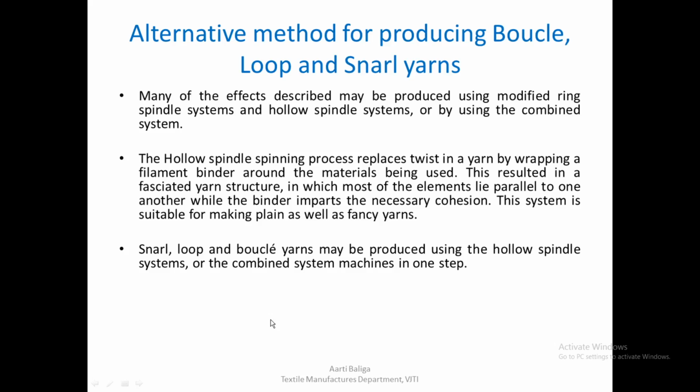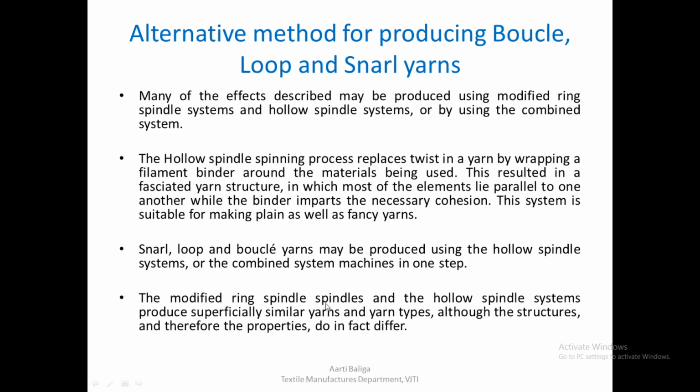We require two steps to produce this final yarn. But if you are using the hollow spindle system, one advantage is that both stages can be clubbed into one, and one single step will produce the final snarl or loop yarn.